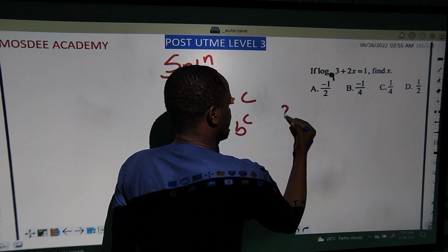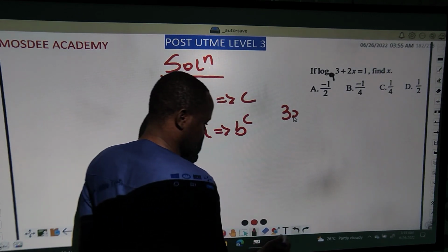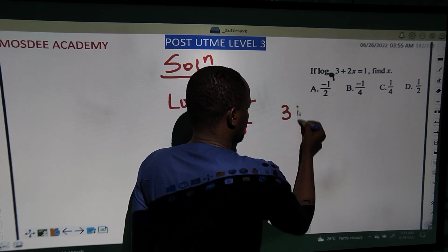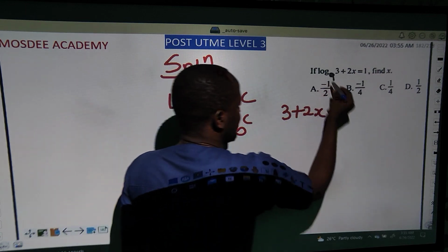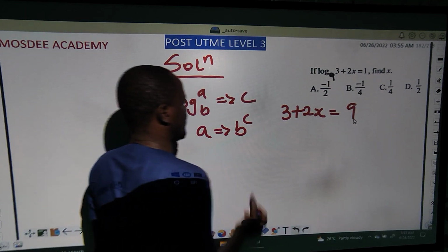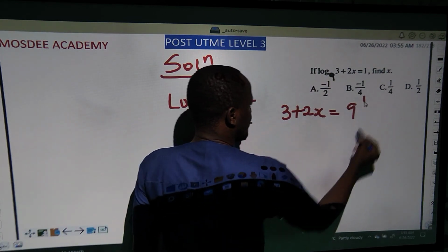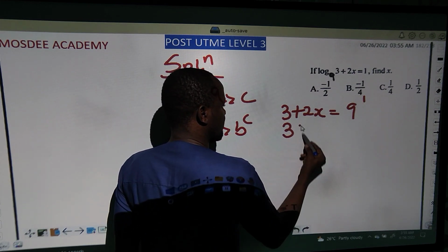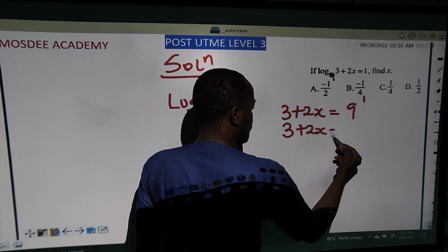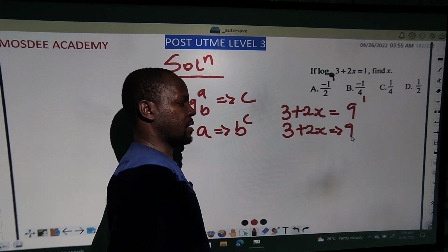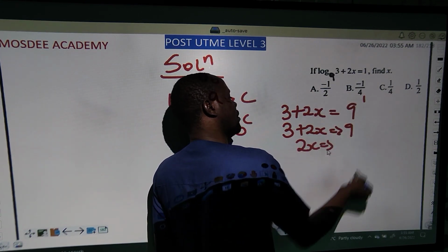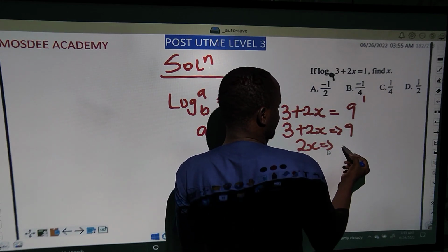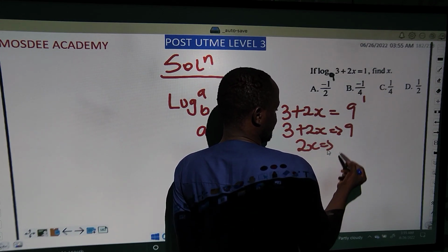I'm following the same thing. It's not 3x, but 3 plus 2x must be equal to b. The b here is 9, and the c in this case is 1. 9 raised to power 1 is 9. So 3 plus 2x is equal to 9. On simplification, we say 2x is equal to 9 minus 3. 9 minus 3 is nothing but 6.